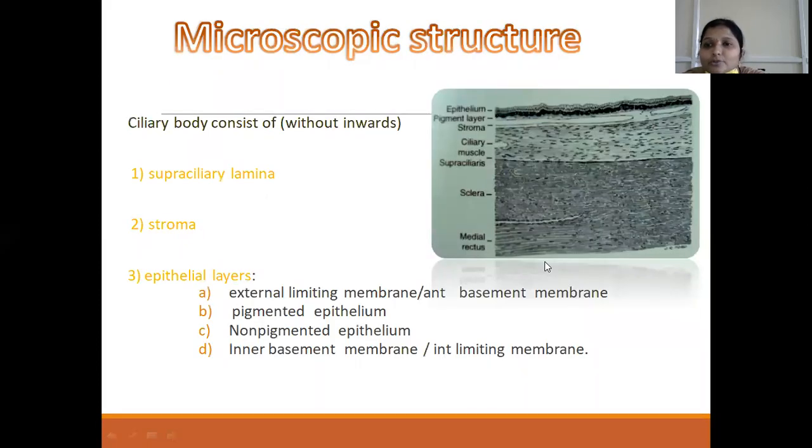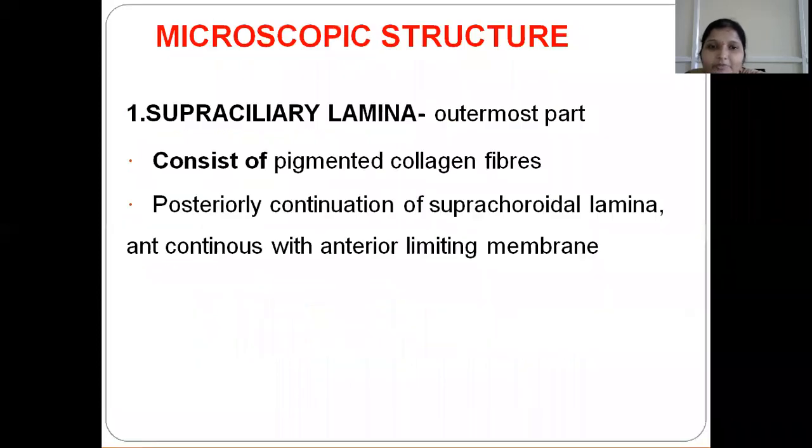Coming to the microscopic structure of the ciliary body. It has the supraciliary lamina. That is the condensation of the stroma and it lies against the sclera. Next is the stroma and the epithelial layers. The epithelial layers are the external limiting membrane, pigment epithelium, non-pigmented epithelium and inner basement membrane.